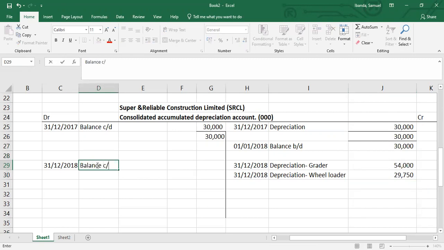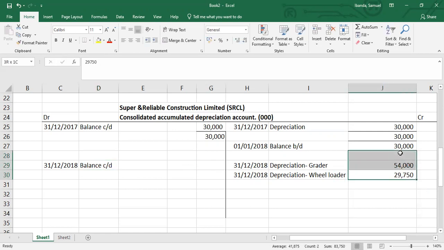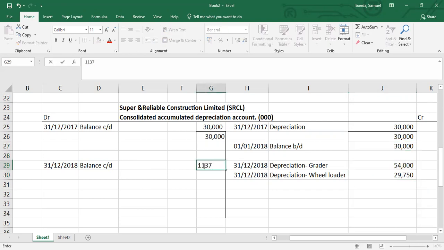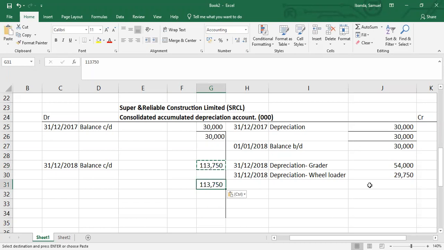Balance carried down will be 113,750. Like that. Okay. Then the total will still be the same thing. We'll get the total here and there.